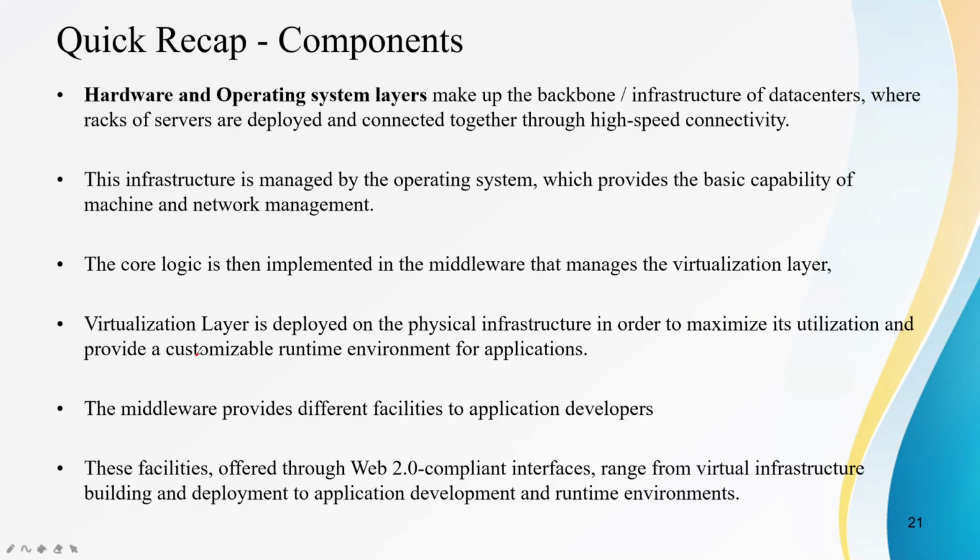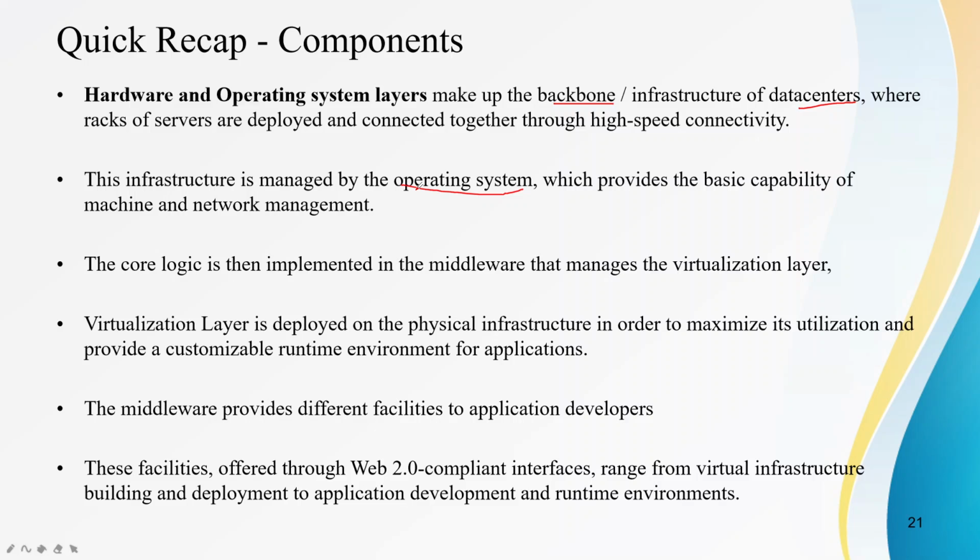Now a quick recap of these components. The hardware and operating system layers make up the backbone, such as data centers where racks of servers are deployed and connected together through high speed internet connectivity. The infrastructure is managed by the operating system, which provides the basic capability of machine and network management.